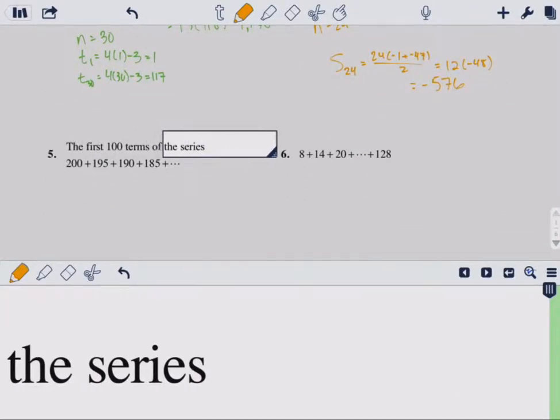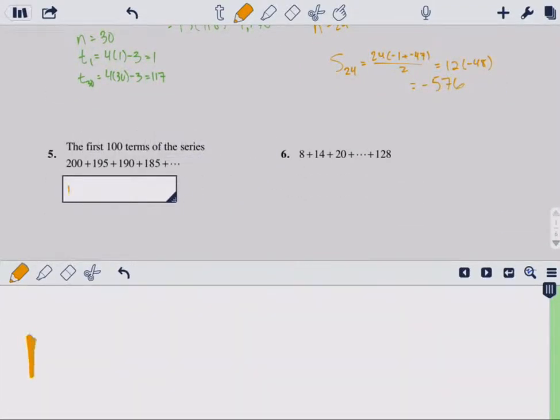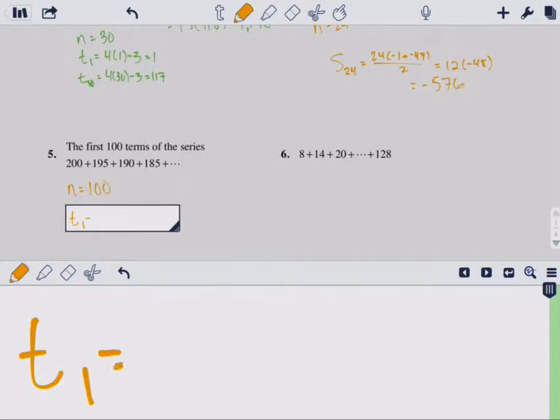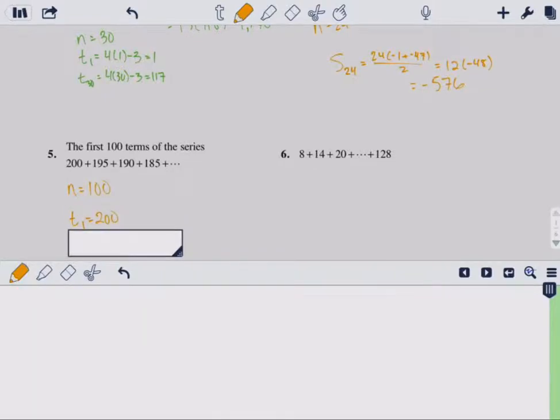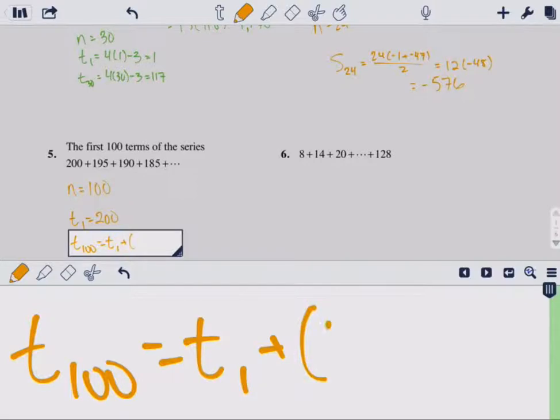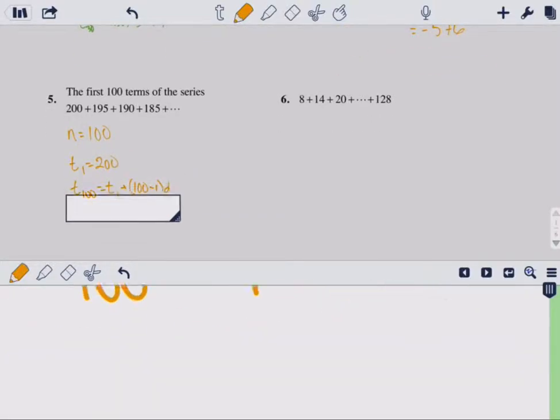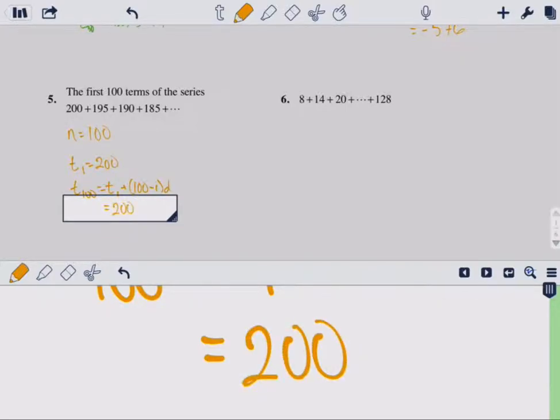The first 100 terms of the series is given, so n is equal to 100, t sub 1 is equal to 200, t sub 100 is equal to t sub 1 plus 100 minus 1 times d. That's your formula from previous unit. Okay, I don't plan on giving you that formula, so you need to know it to do these problems. 200 plus 99d.